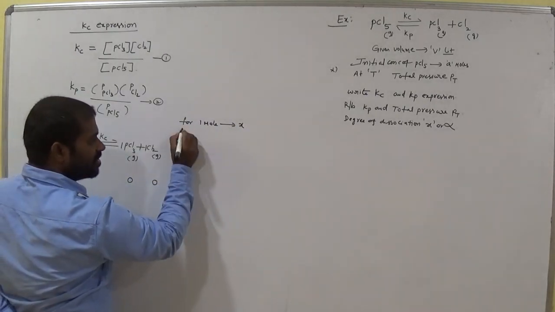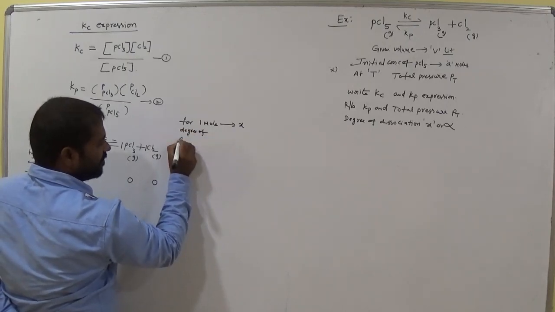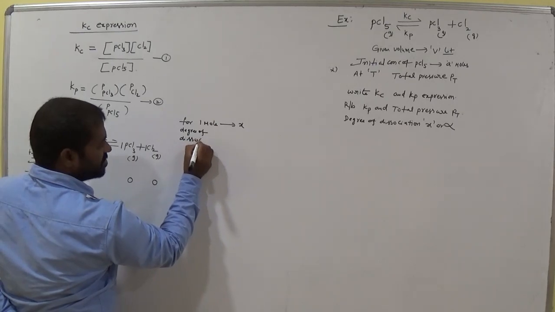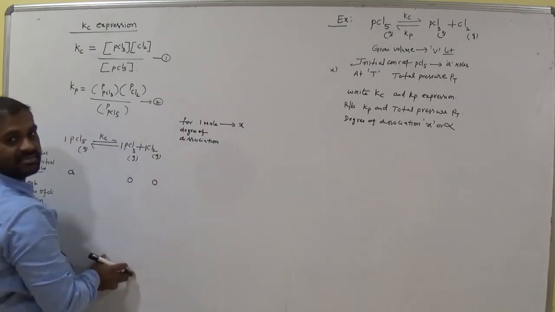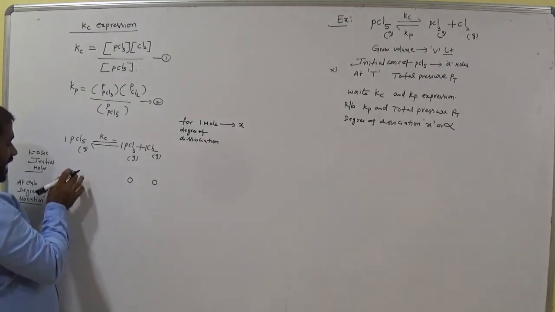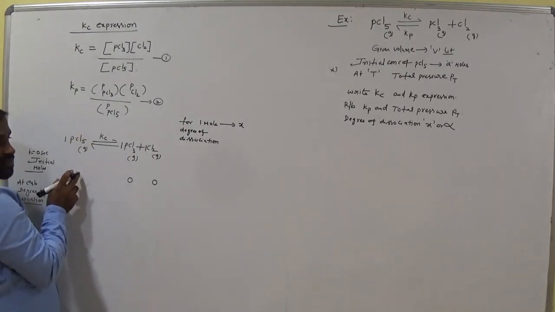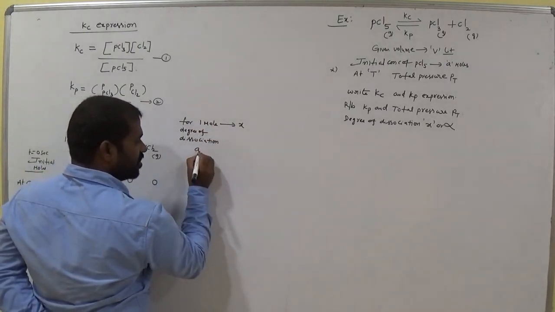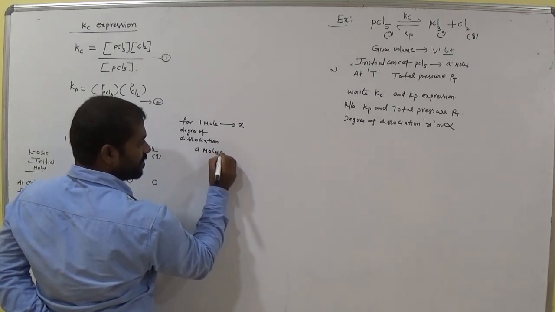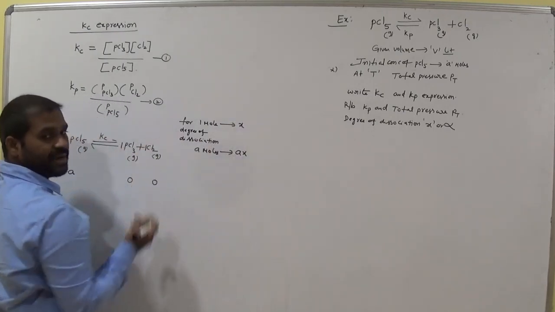For 1 mole, degree of dissociation X. Okay. For A moles, according to the given question, what is the degree of dissociation? For 1 mole X, for A moles it becomes AX, A into X. Am I right?